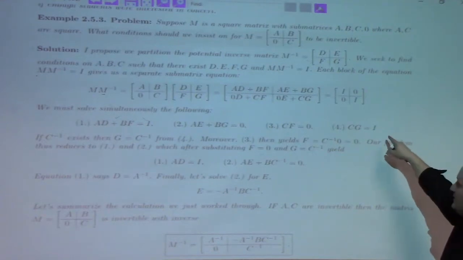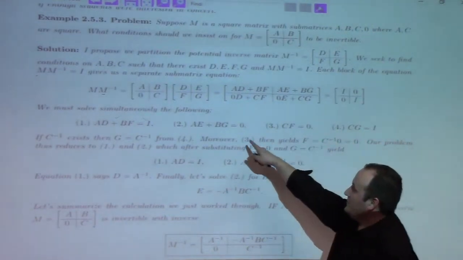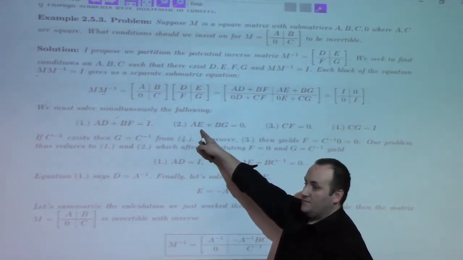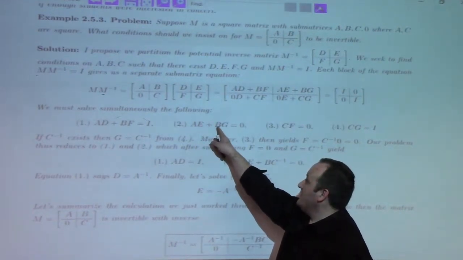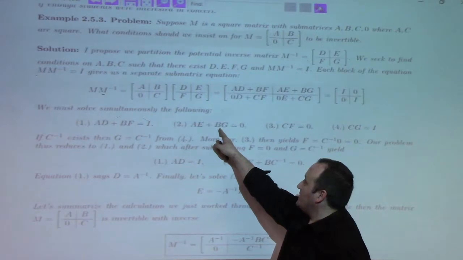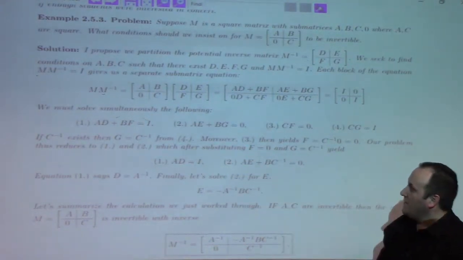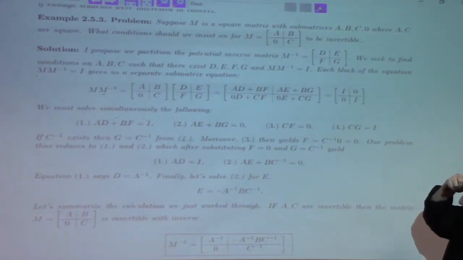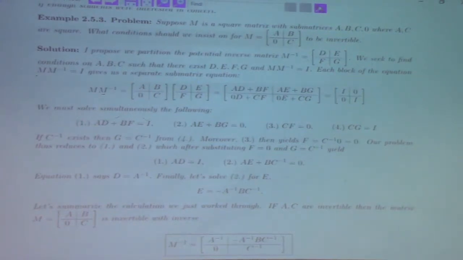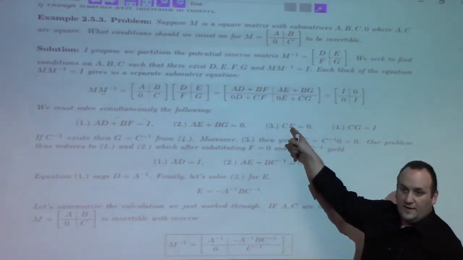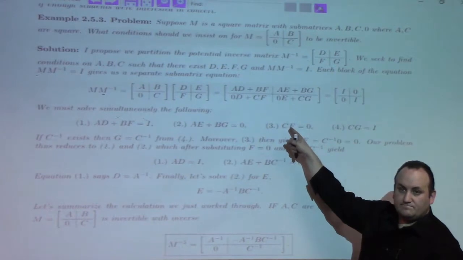Once I know that G is C inverse, I can put that over here, and that tells me how to solve for E. That's going to tell me that E is minus A inverse B C inverse. And then I still need to figure out what F is. Well, since C inverse has to exist, if I multiply C inverse on both sides here, that will give me that F has to be 0.